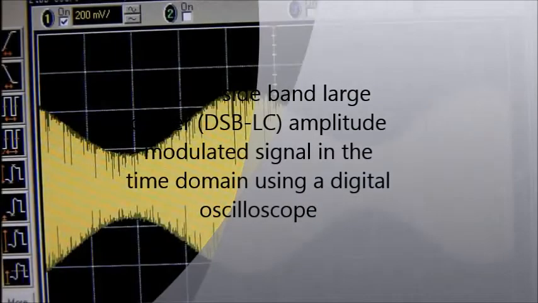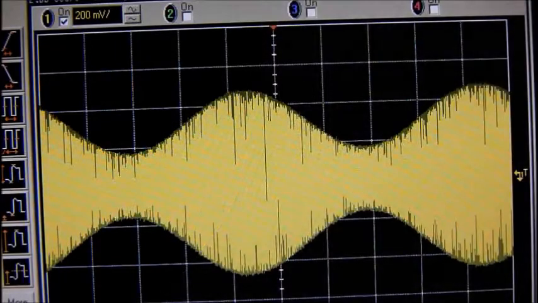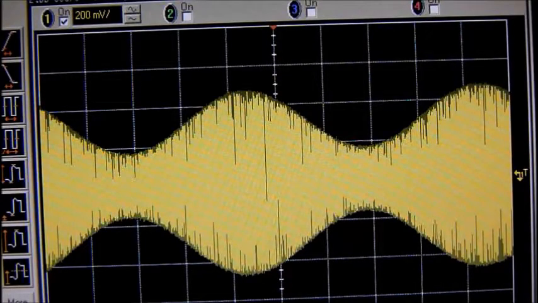What we are seeing in the screen right now is an amplitude modulated signal where the information signal is a sinusoid at a frequency of 10 kHz and with a modulation index of 50%. Before we move into what the modulation index does to the time representation of the signal, let's look at the representation we have at the moment.